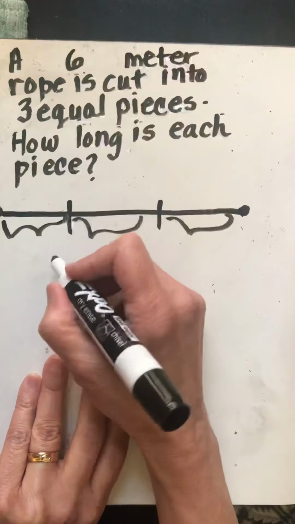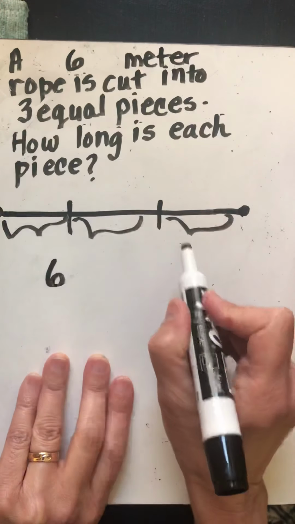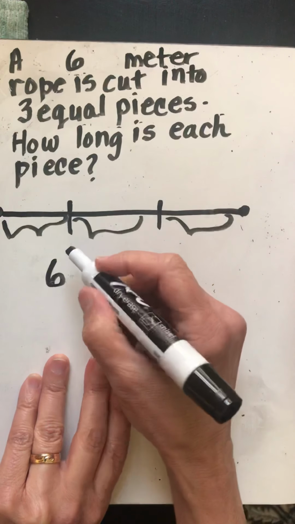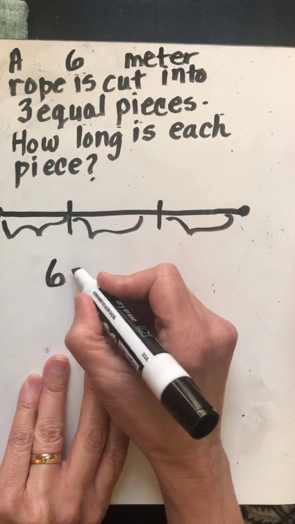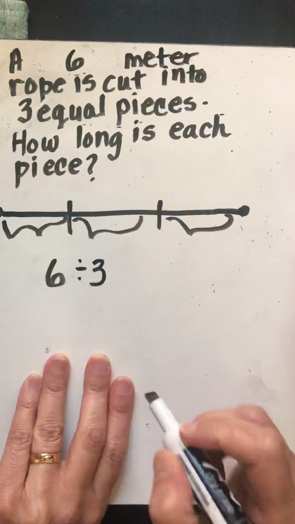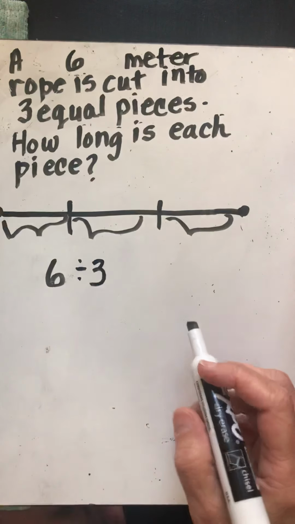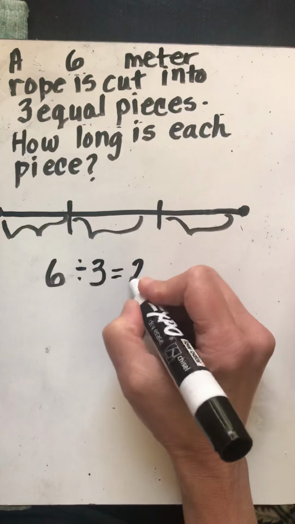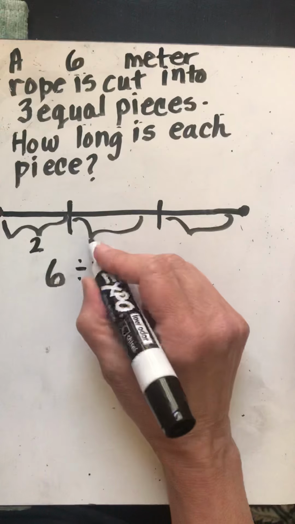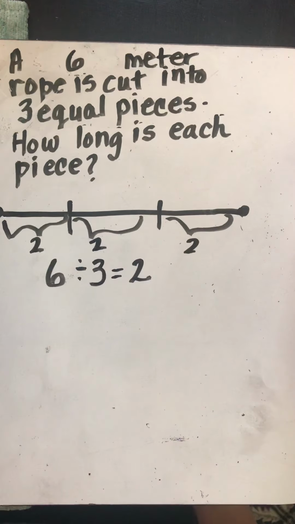Let's start with 6, which is the total amount of this rope, and then we're going to divide that by 3 equal parts. So if we do 6 divided by 3, we get 2, right? So each one of these is 2 meters long.